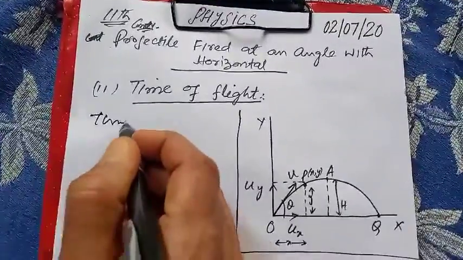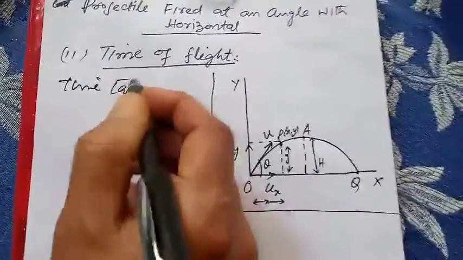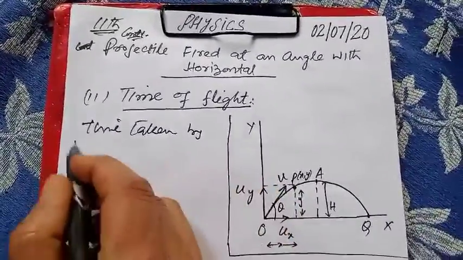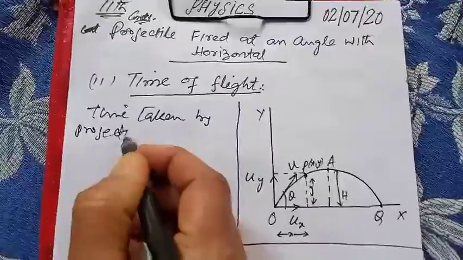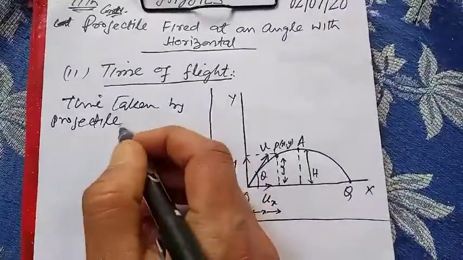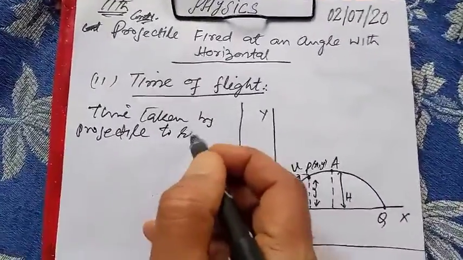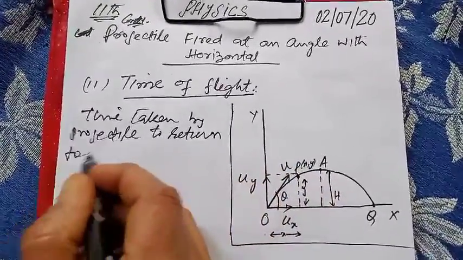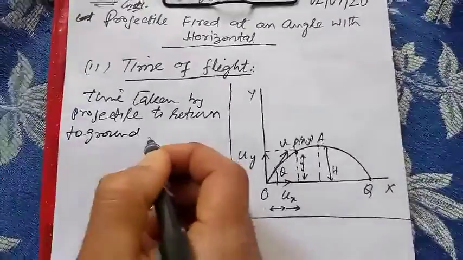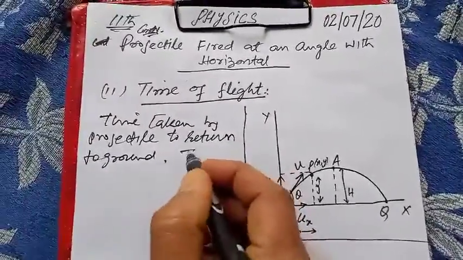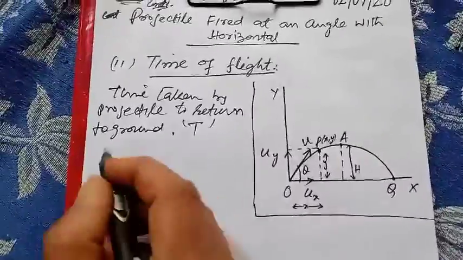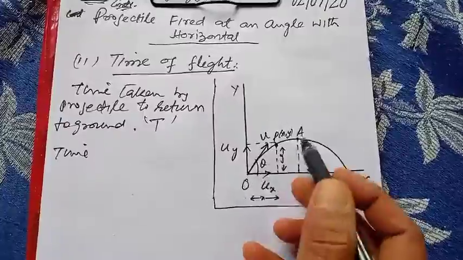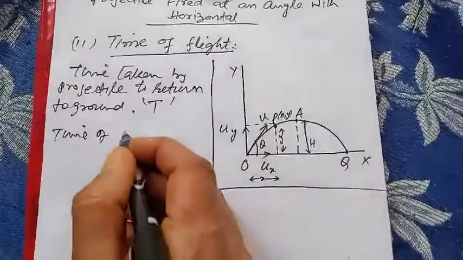taken by the projectile to return to the ground. Let it be denoted by T. The time taken by the projectile from O to A is called time of ascent.